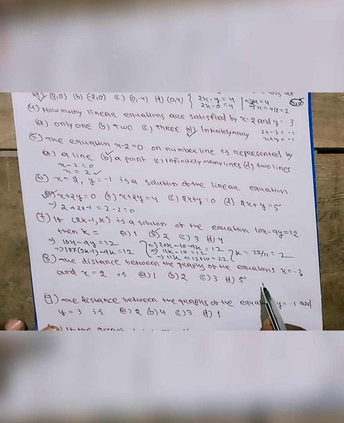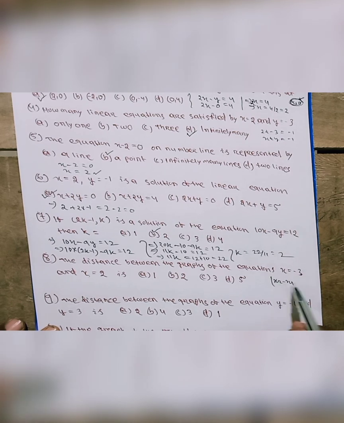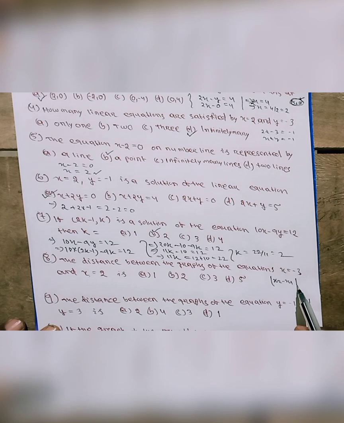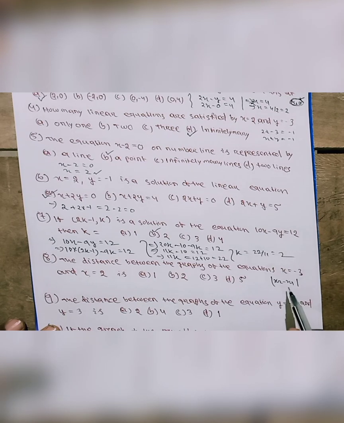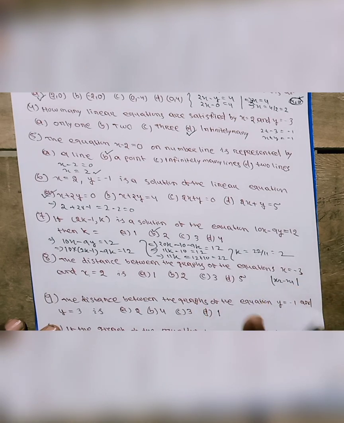When 2 points lie on the x-axis, the distance between them is given by the formula mod of x2 minus x1, the absolute value.